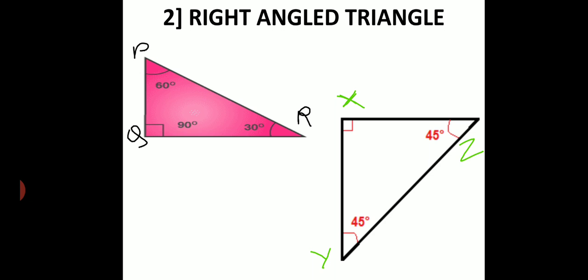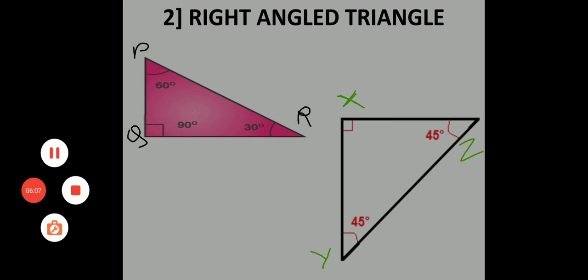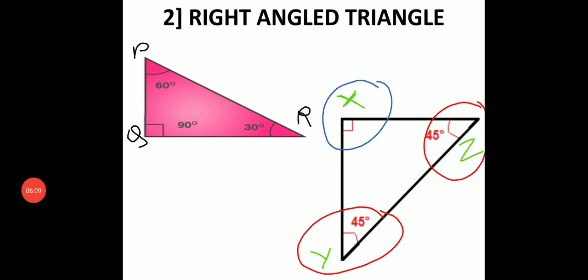So children, in a triangle, when out of the three angles, if one angle measures exact 90 and the other two angle measures less than 90, that time we name that triangle as a right angle triangle.